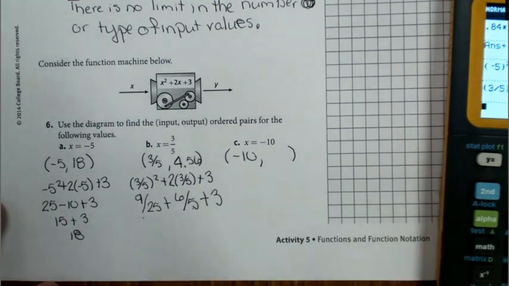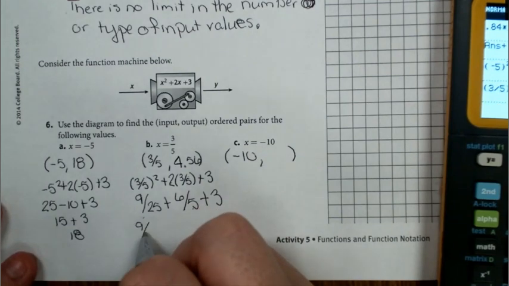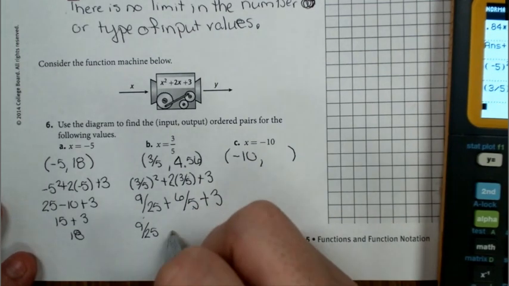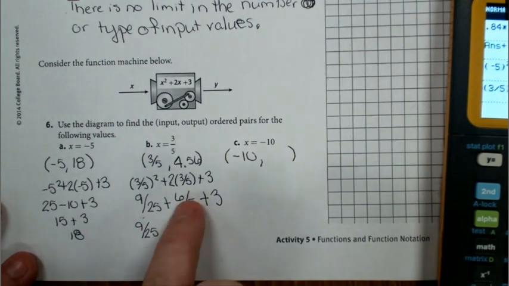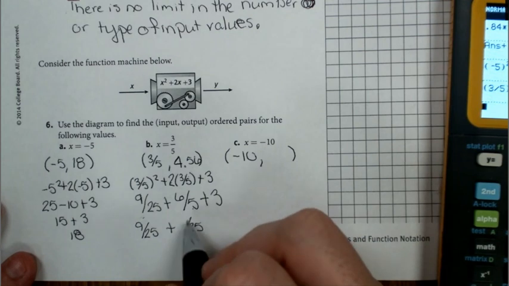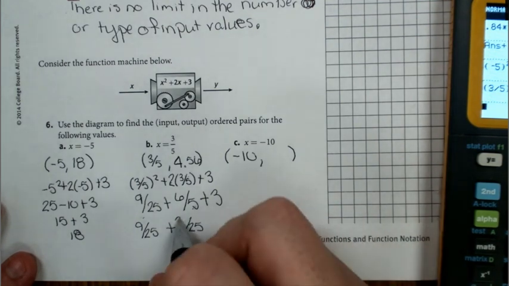Now, in order to add, remember that we have to have common denominators, so we need everything to be over 25. So I'm going to make this over 25. If I put this as a denominator of 25, that means my numerator is going to be 30 because I would have multiplied 5 here and 5 here.